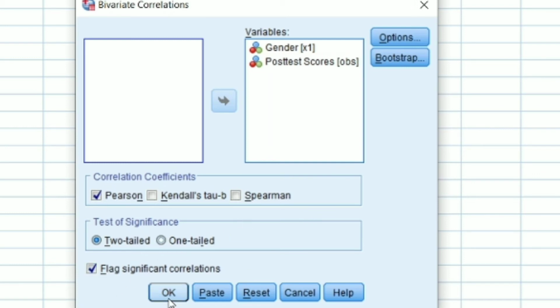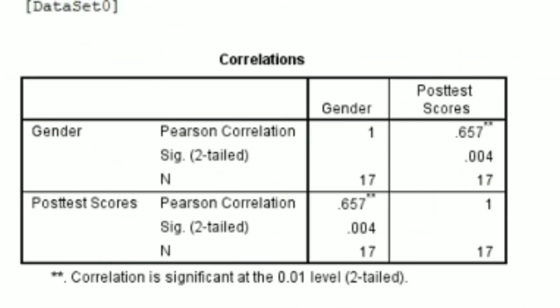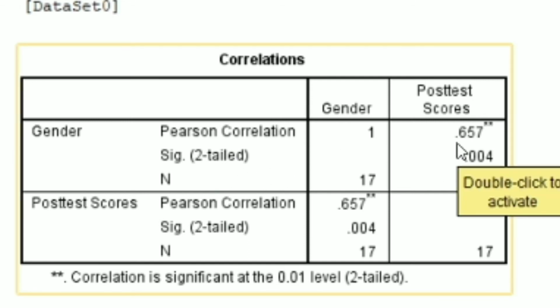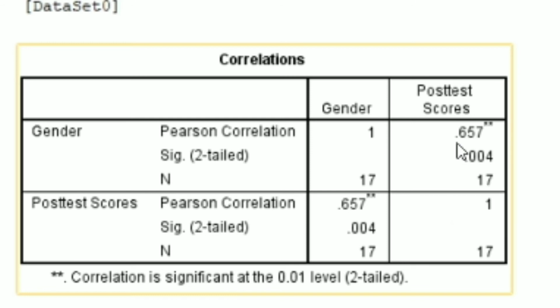We now click OK, and this is the result. As we can see, the degree of association between gender and post-test score is 0.657. So there's a 65% degree of association between gender and post-test score.